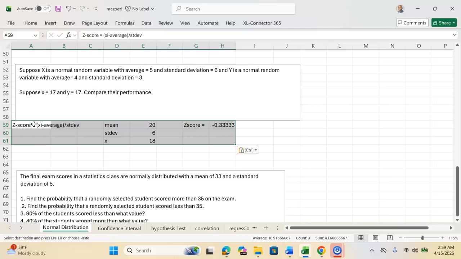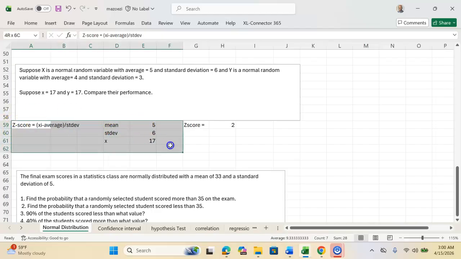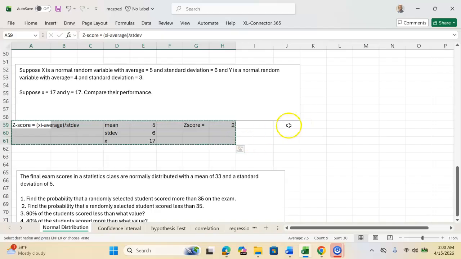So the Z score for X, when X is 17, and we have to look for the average. So average is 5, and standard deviation is actually 6, and X is 17. So I'm going to put 17 there and enter. So you can see that the Z score for this is 2.